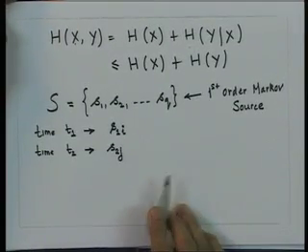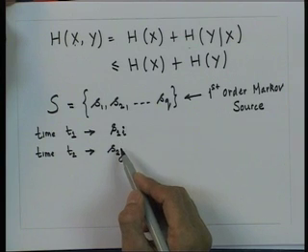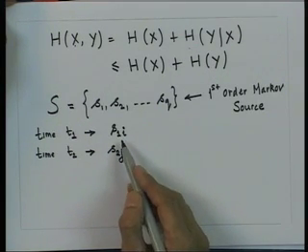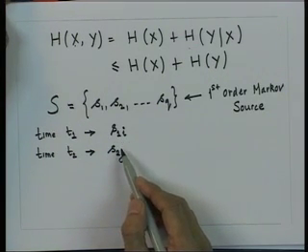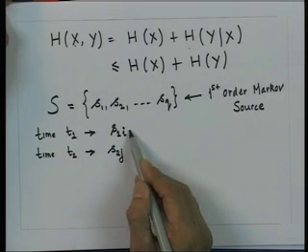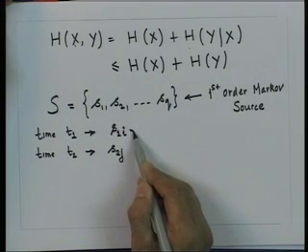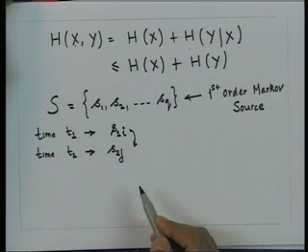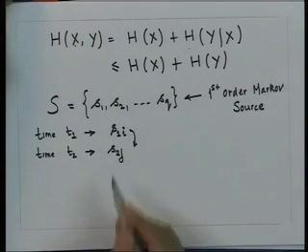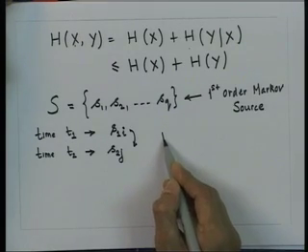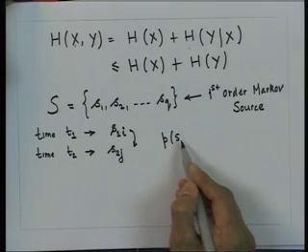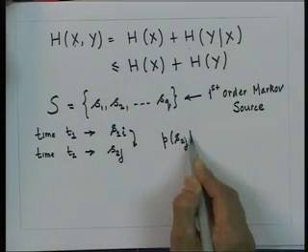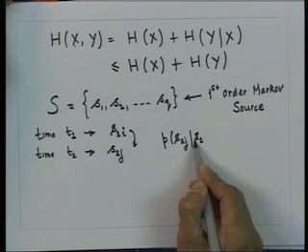Now, if I were to find out the information which I gain when I transit from S1i to S2j, then to find out that information I will require the conditional probabilities of S2j given S1i.